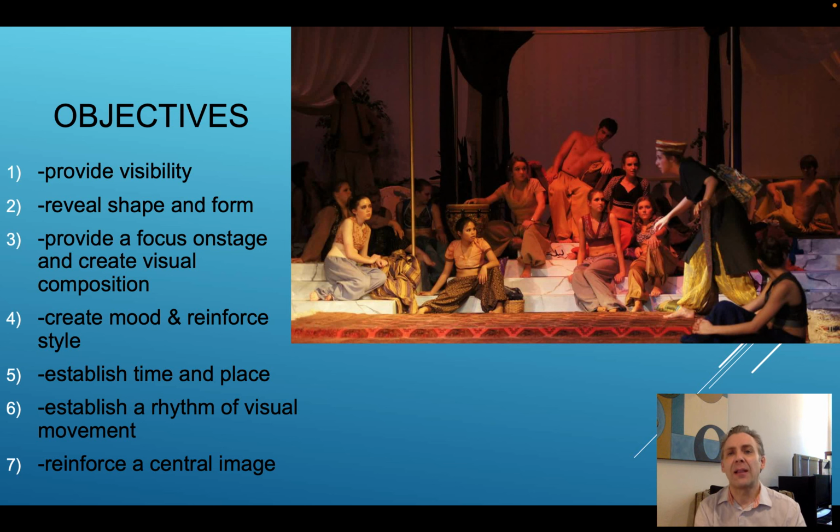Look at this production photo I have here from Arabian Nights. Okay, as you'll see, we have shadows in the background of the characters in the scene. In this play, I kept every single actor, and there were about 18 actors.